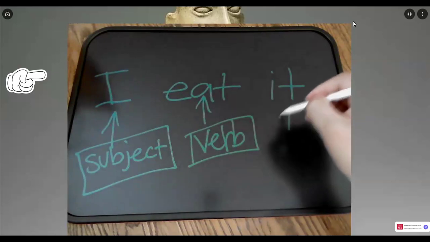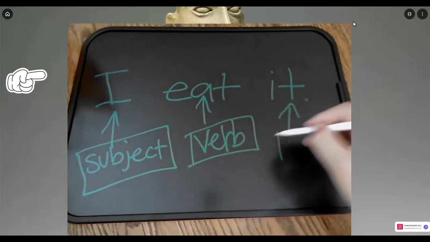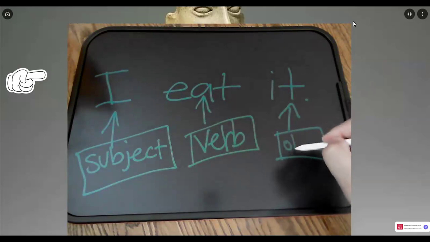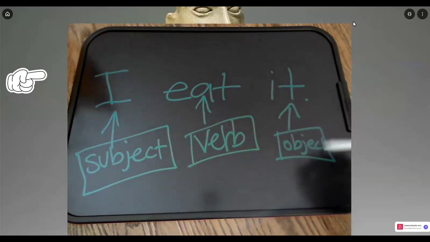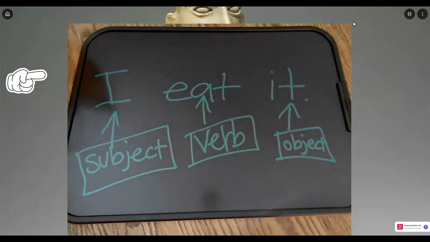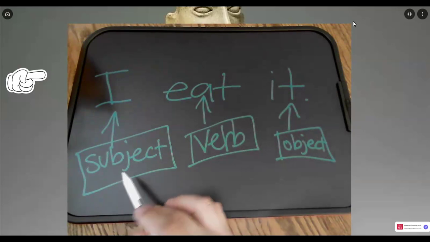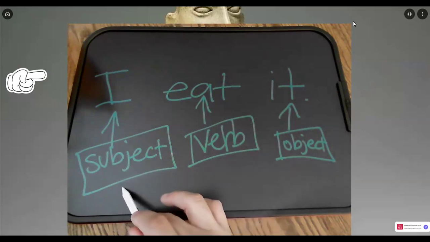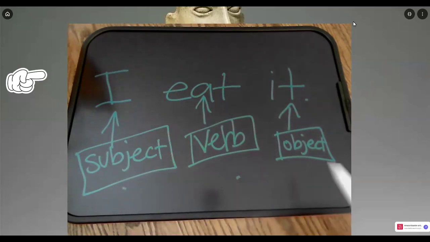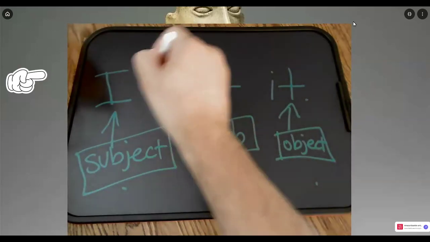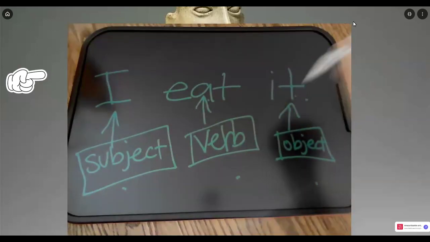And then this is the object, the thing that's receiving the action, whatever it is that you eat. So here we have the word order in English: the subject, the verb, and the object. And they are separate parts.